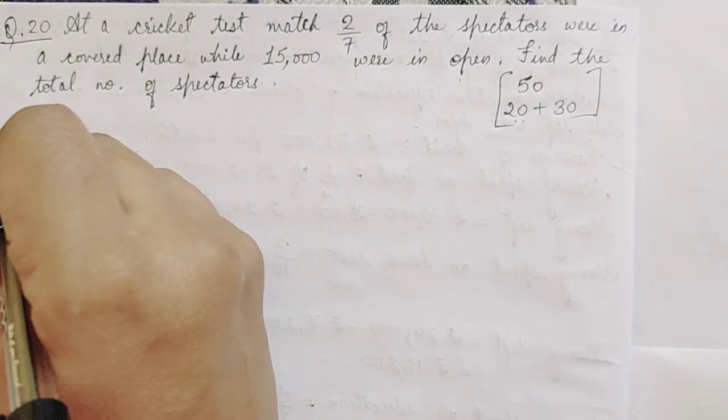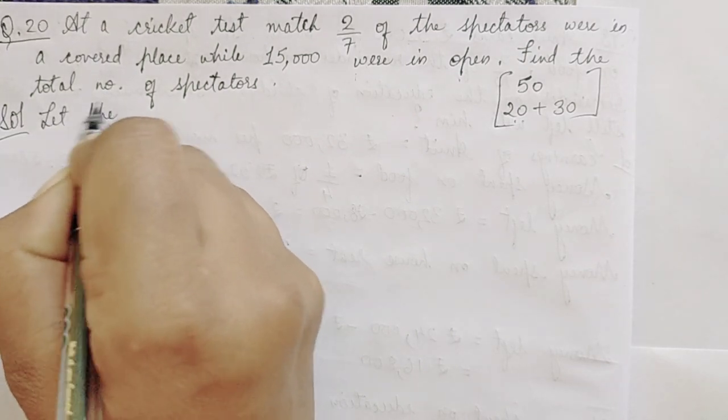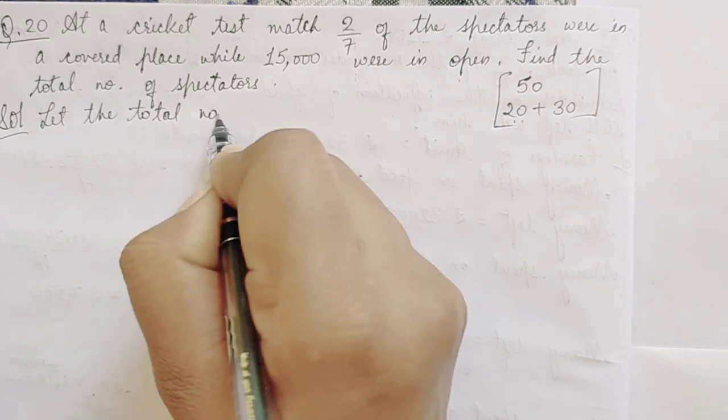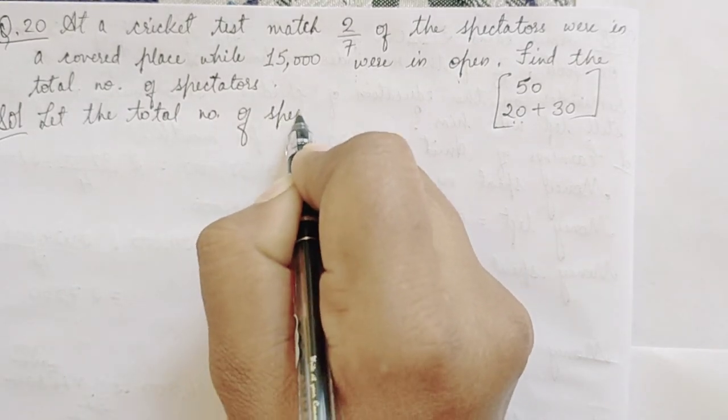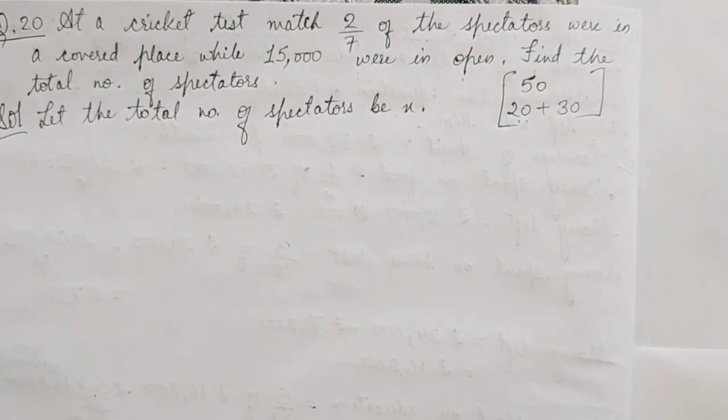First of all, let the total number of spectators be x.